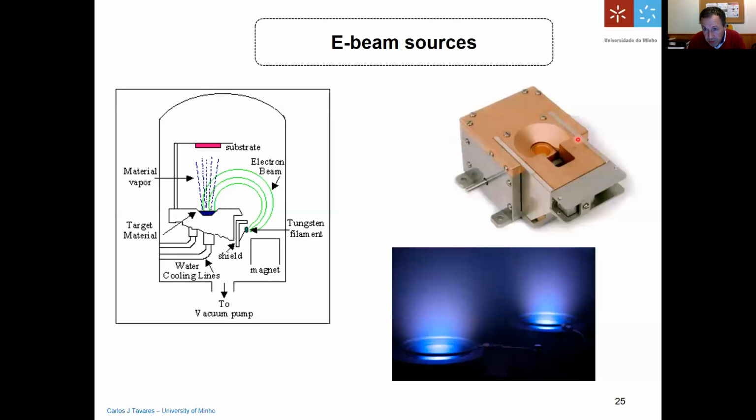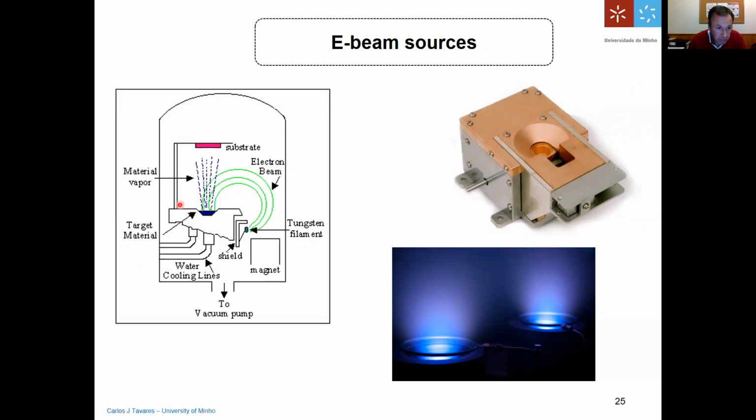So underneath this copper plate, there is water. There's a water system here, water cooling lines that will provide a sufficiently cool temperature so that you will not be evaporating material from the copper, but only here from the middle. So, like I said, you need these cooling lines to cool down the copper part of the material.